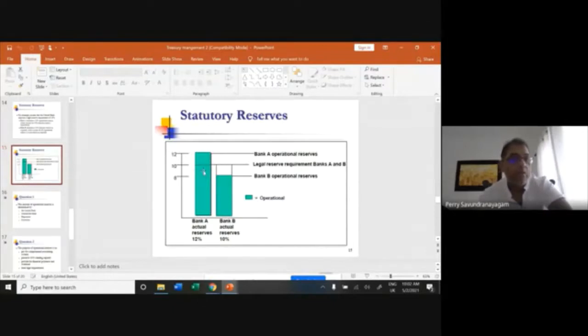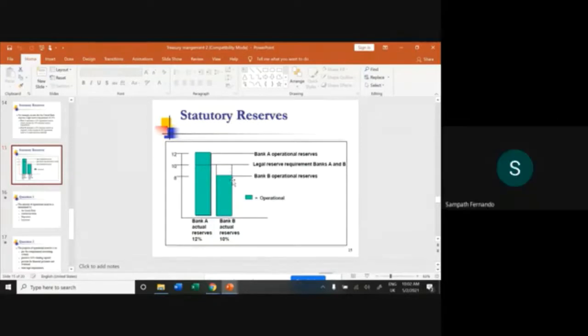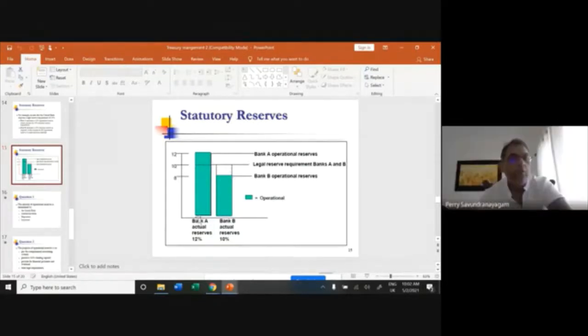So what it means is you're not maintaining 22%. You're maintaining 10%, you're maintaining 12%, or you're maintaining just 10%. You're not maintaining 10% plus 12%, 10% plus 8%. You're maintaining one, because if you are going to maintain 22% of your deposits as reserves, you're going to be in trouble. Or 18%.